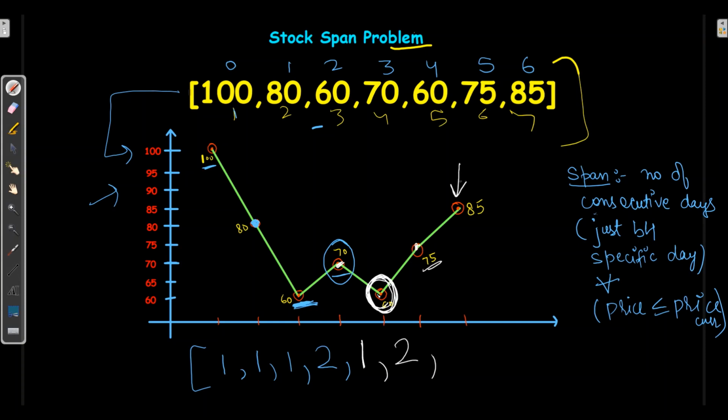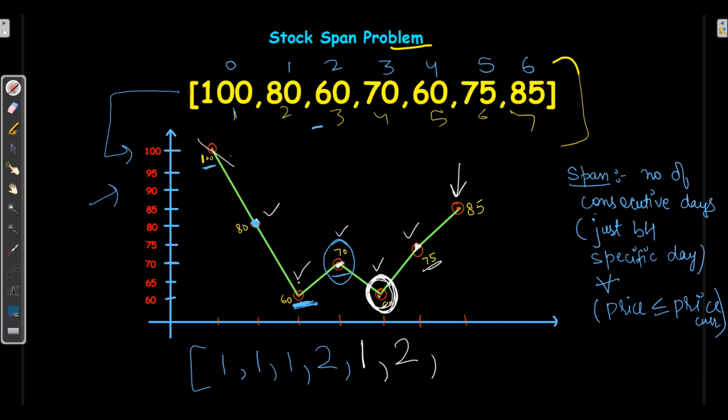Then for 85, the values less than 85 in consecutive: 75 is less than 85. 60 is less than 85. 70 is also less than 85. 60 is also less than 85. 80 is also less than 85. But coming to 100, it is greater than.